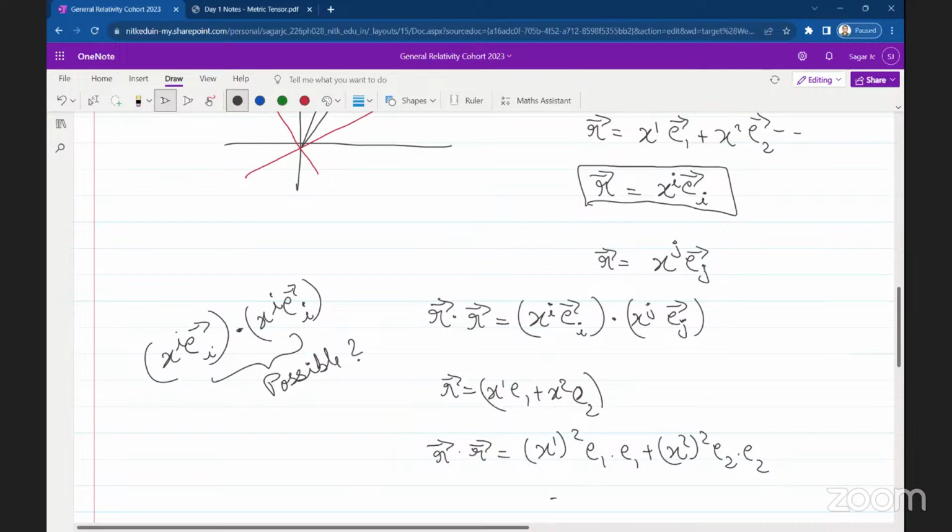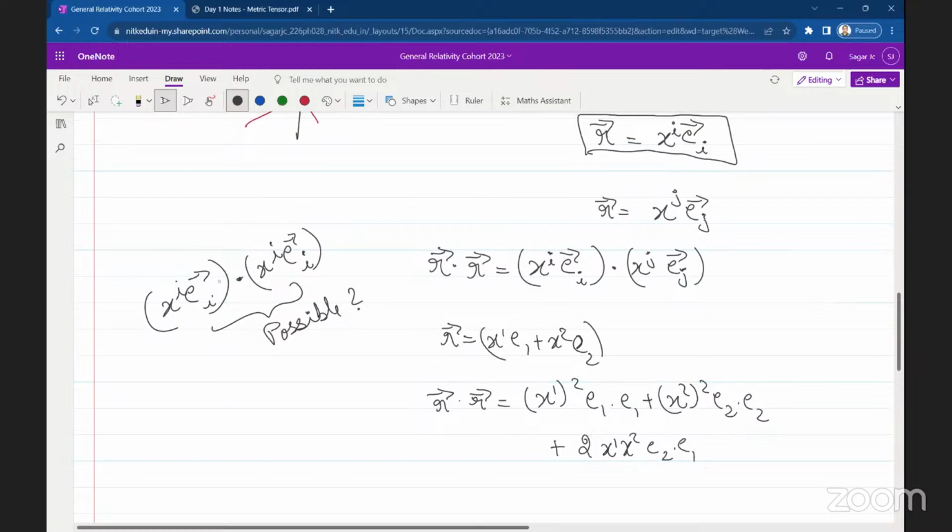But there will also be cross terms: 2 x1 x2 e1 dot e2, right? If I write it in the manner I'm showing here in red, I'm not accounting for the cross terms at all because I'm using the same index. That is the reason I have to use different indices.